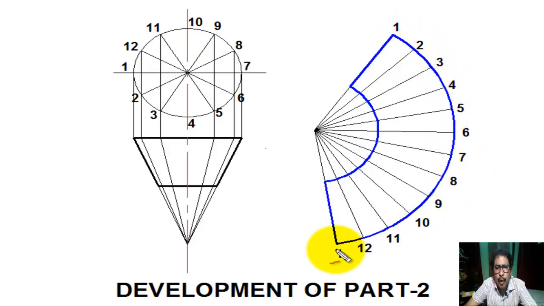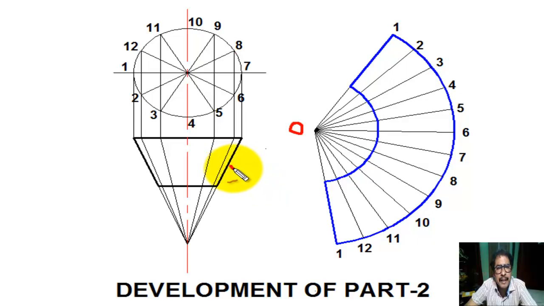After marking all points, we join 0, 1, 0, 2, 0, 3, 0, 4, 0, 5 in this way, 0, 12 and 0, 1.